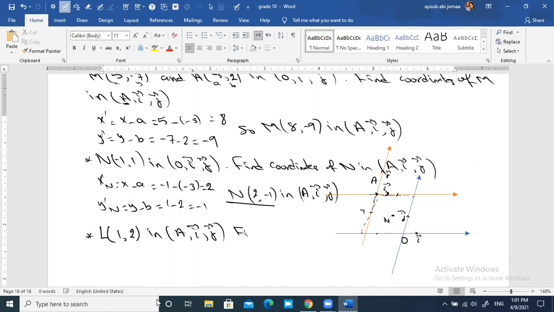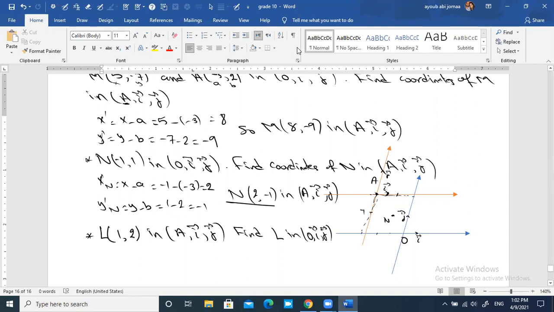Let's find the coordinates of L in OIJ. Here it is the reverse question. You have the coordinates of L in the new system. You are given the coordinates of L in the new system. Find the coordinates of L in the old one. A reverse question.